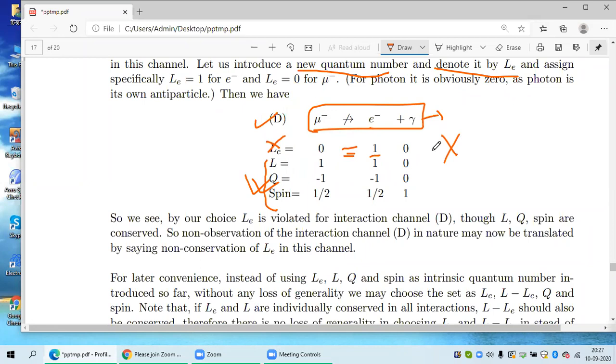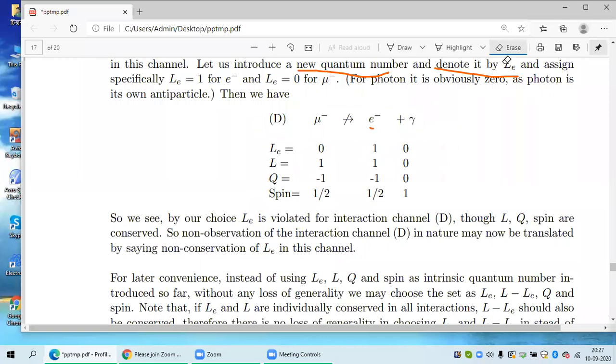Now, look at this. We have these two numbers, LE and L. These are independent numbers. Clear?